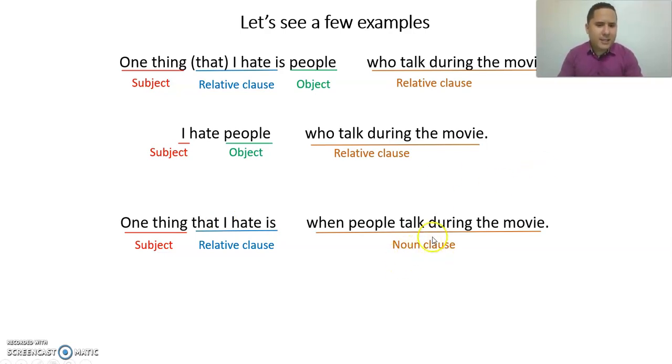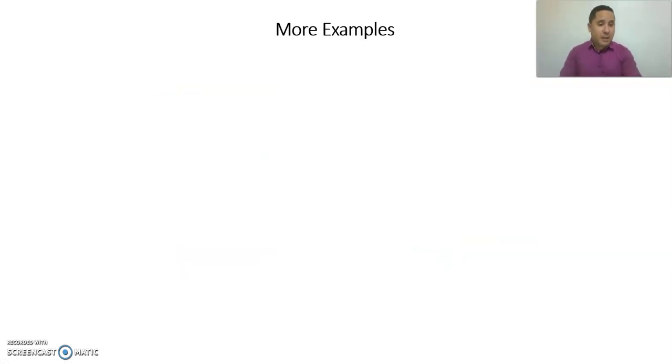Why is this a noun clause and not a relative clause? Because in this sentence, the object, remember, people is the object. You are talking about people. You hate people. So people is after the relative pronoun and not before the relative pronoun. So when we have the object after the relative pronoun, it becomes a noun clause and not a relative clause.